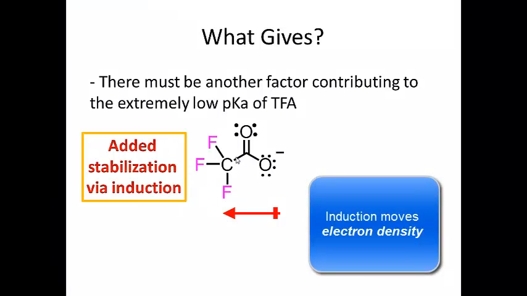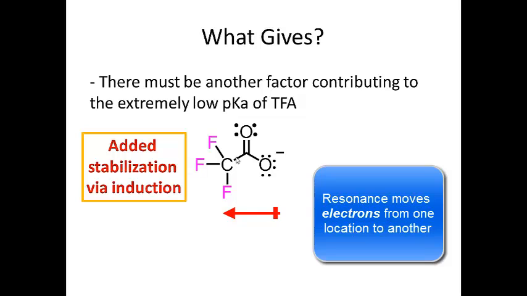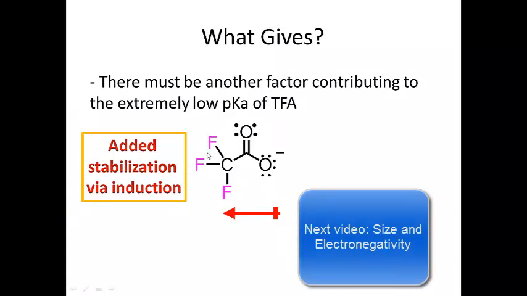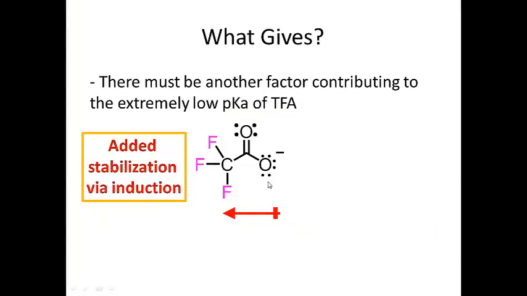It's the same concept of induction that we covered before. When that happens, we see the pKa of trifluoroacetic acid drop tremendously because this negative charge is now stabilized by induction. So that hydrogen has no problem leaving because what's left behind can take care of itself, if you remember the analogy I used earlier.